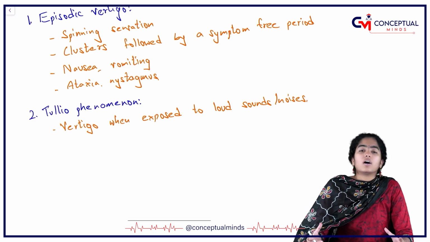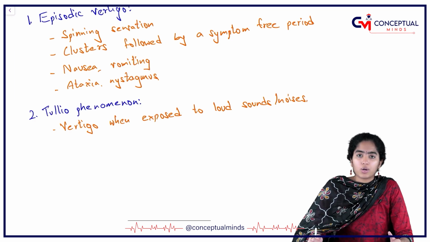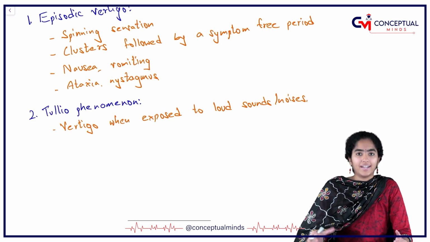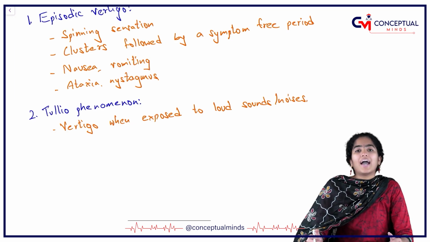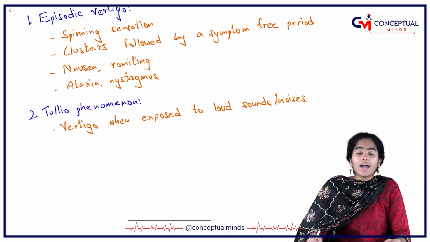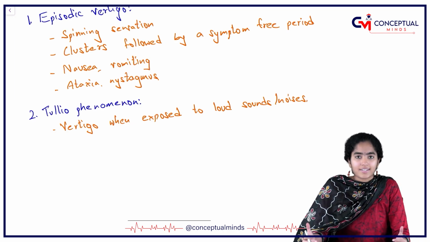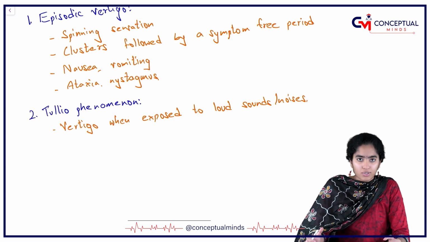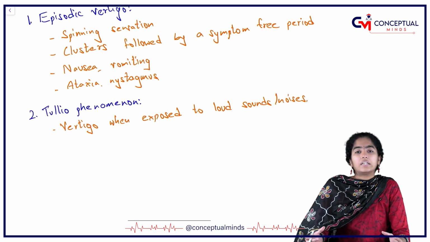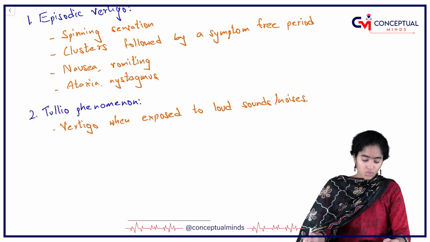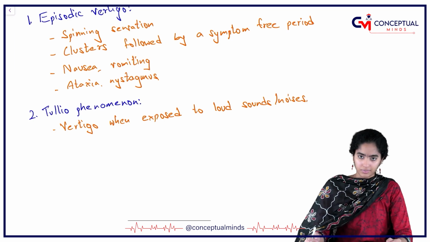Now, why does vertigo occur on exposure to loud noises? It is because with the loud noise, the stapes foot plate vibrates vigorously, and you know that the saccule is in close contact with the stapes foot plate, and this over distended saccule comes all the more in close contact to the foot plate of stapes, and it gets irritated or stimulated, leading to vertigo. So that is Tullio phenomenon.